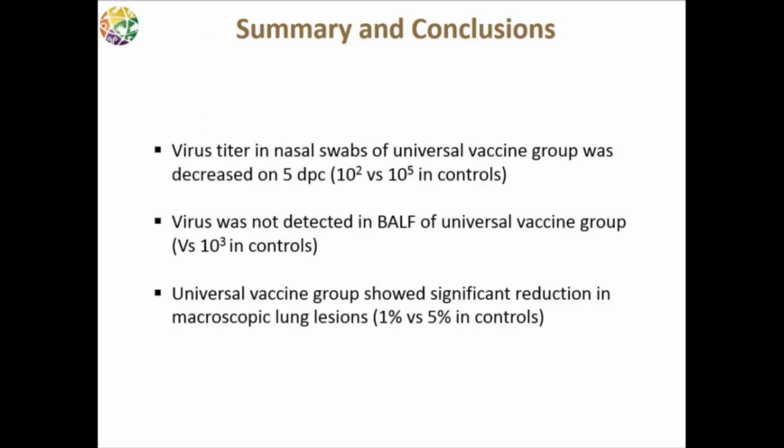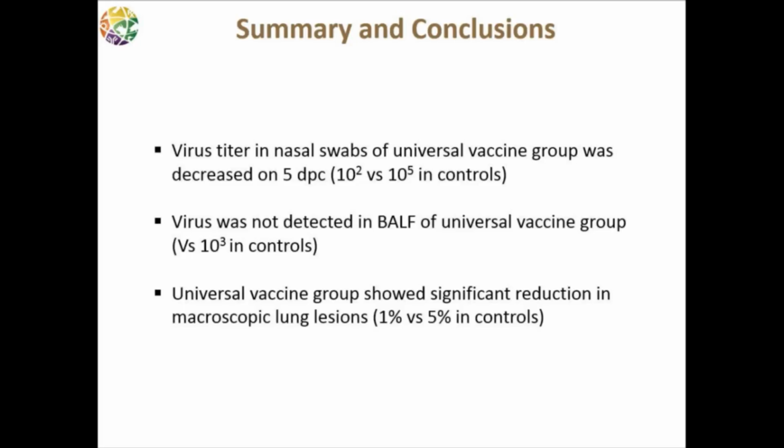But nevertheless, all these piglets were challenged with pandemic H1N1, and we got some promising results. Virus titer in nasal swabs of universal vaccine groups was decreased on 5 DPC: 2 logs versus 5 logs in controls.